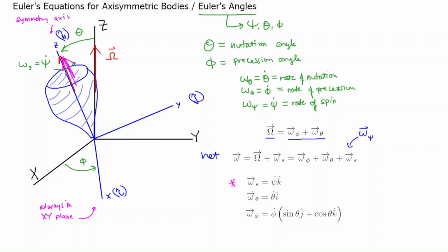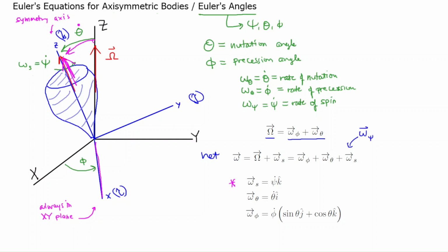Now omega sub theta is happening at a rate theta dot, and I'm going to claim that it rotates about this lowercase x axis. That works, but only because lowercase x is always in that horizontal plane, the capital XY plane. Otherwise it would be a little bit more messy.